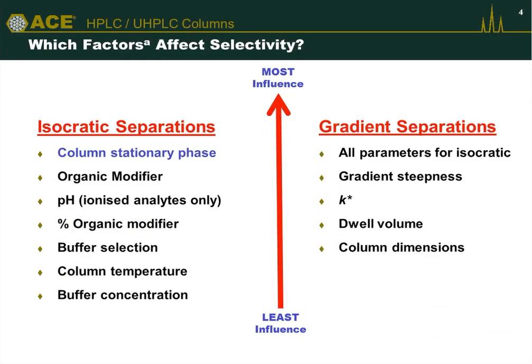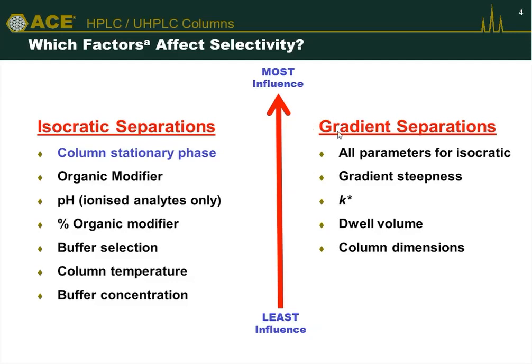Now, there are many factors that affect selectivity, and on the slide now are a range of different factors, many of them mobile phase element-based factors that can have an effect on selectivity. And I've listed them. Values at the bottom have a smaller impact on selectivity, and as we go up the list, the factors have a larger impact on selectivity. And you can see at the top there is the column stationary phase for the left-hand side of this slide for isocratic separations.